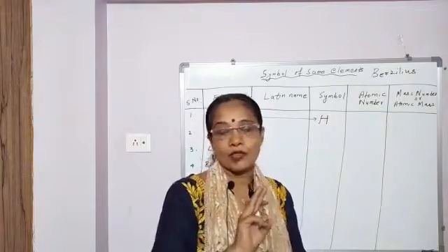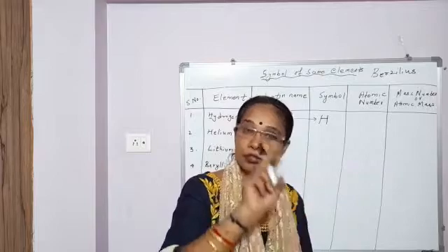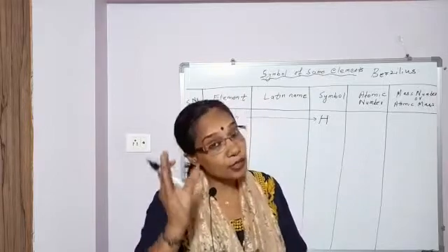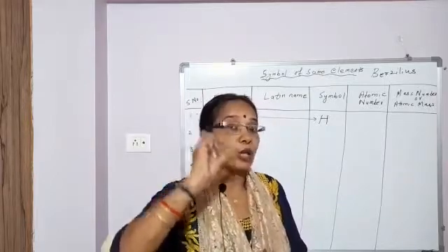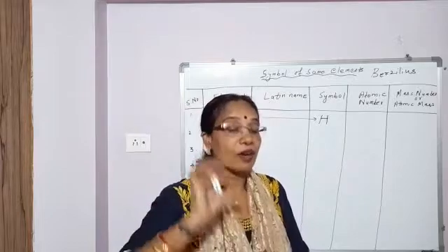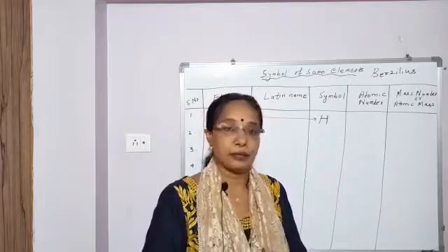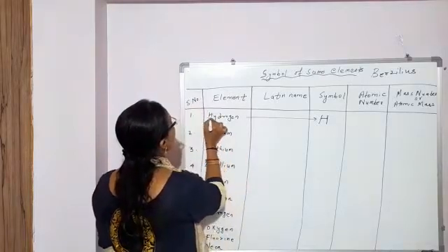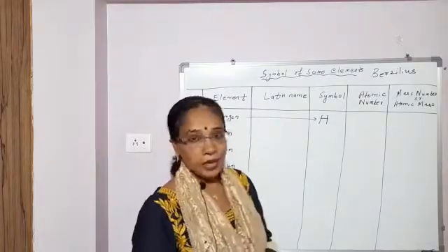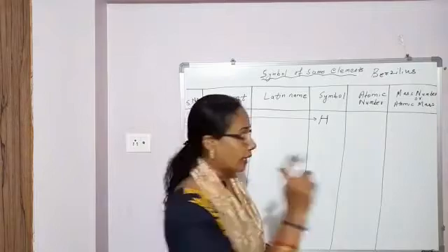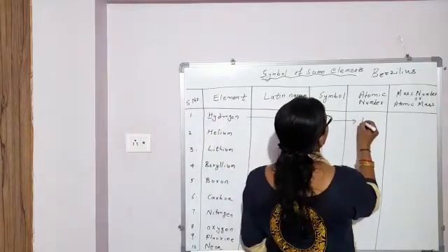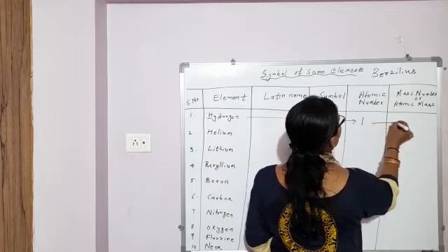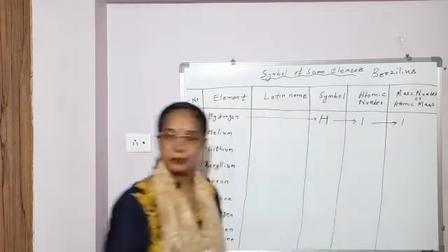And if we are using two letters, then the first letter should be capital and the second letter small, and its size should also be small. This is the way of writing the symbol of an element. So, for hydrogen, we are using the first letter H. And atomic number is 1. And mass number also 1.